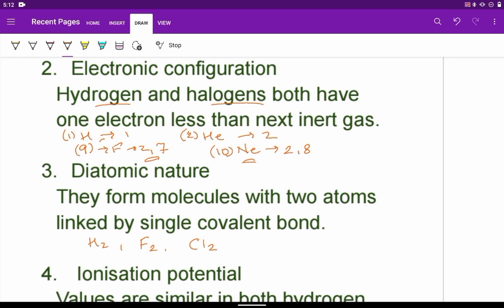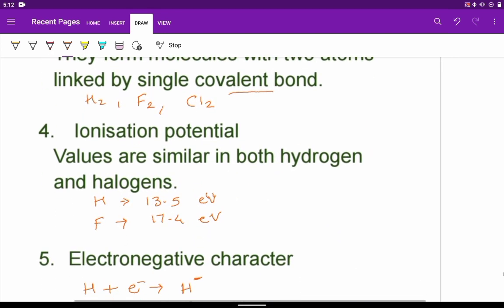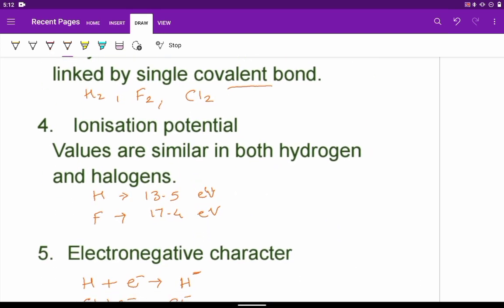Next comes diatomic nature. Both hydrogen and halogens form molecules with 2 atoms, and both the atoms are joined by single covalent bond. Hydrogen H2, fluorine F2, chlorine Cl2. Next is ionization potential. The values of ionization potential are similar. If you see hydrogen and halogens, if we take the unit of electron volts, hydrogen is 13.5, fluorine is 17.4.